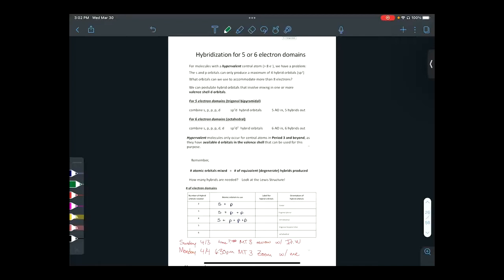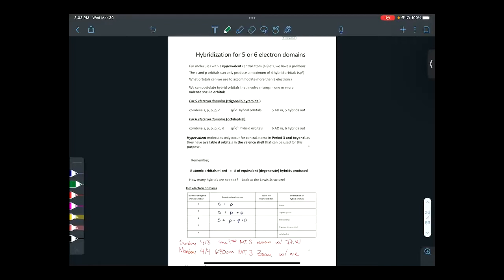So we talked about 3 and 4 electron domains. 3 electron domains is sp2, where you combine 1 s orbital and 2 p orbitals. sp3 is 1 s orbital and 3 p orbitals. So at this point, after 4 electron domains, we've used up all of our p orbitals.